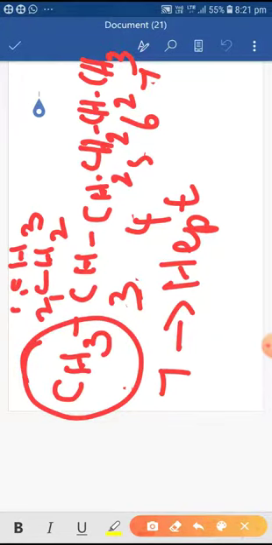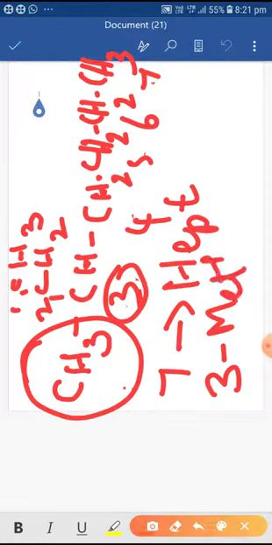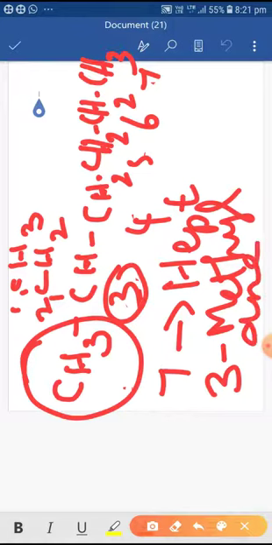That substituent is connected at the third position, so the substituent locant is 3. The substituent has only one carbon, CH3, so it is methyl. Next, here all bonds are single, so the suffix is "ane". Now write the name.